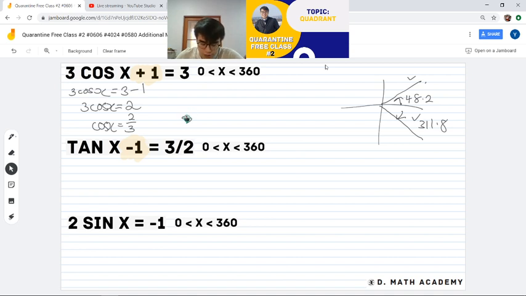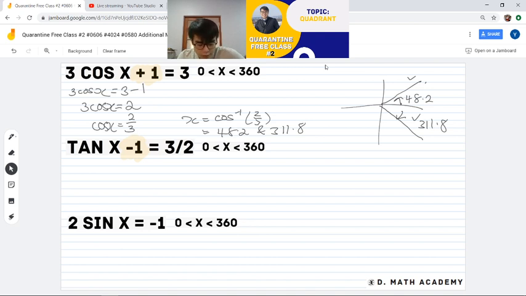So x would be cosine inverse 2 over 3, 48.2 and 311. Remember to keep your answer in 3 significant figures, okay, because this was as per requested by your exam paper at the front. Okay, do take note of this.